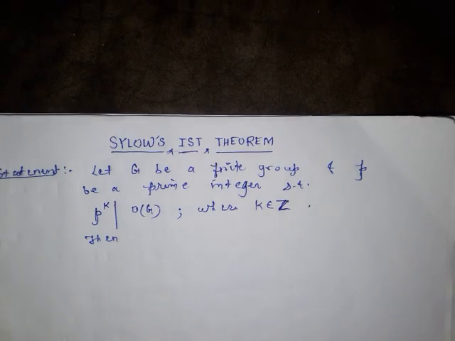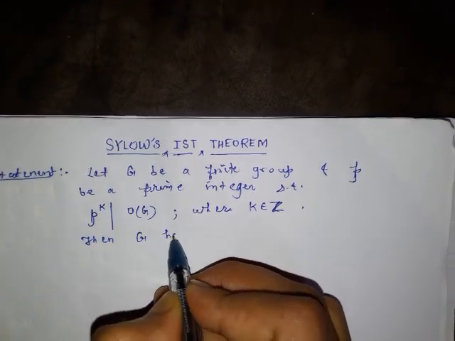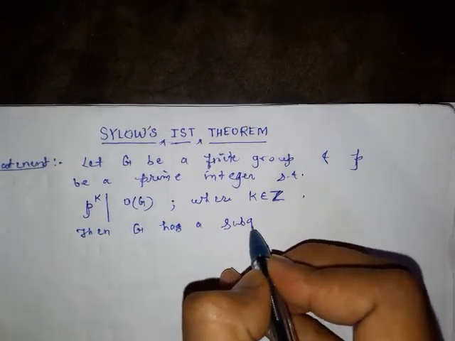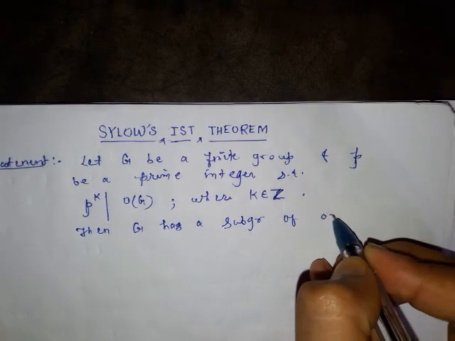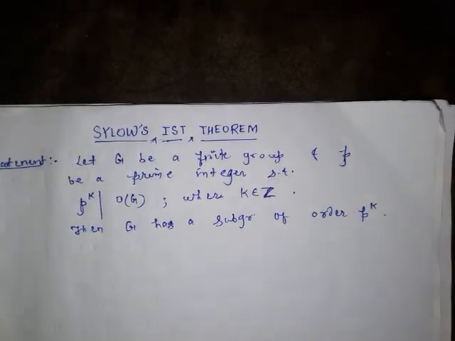Then the theorem says that G has a subgroup of order p raised to the power k.